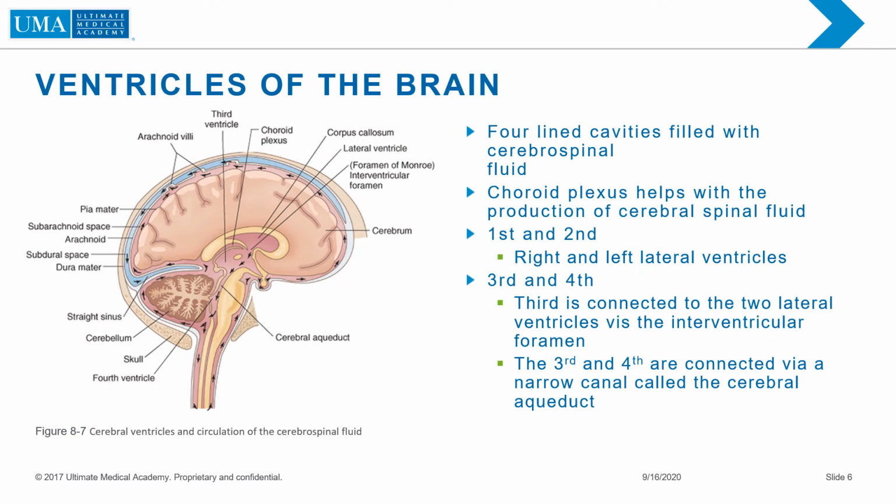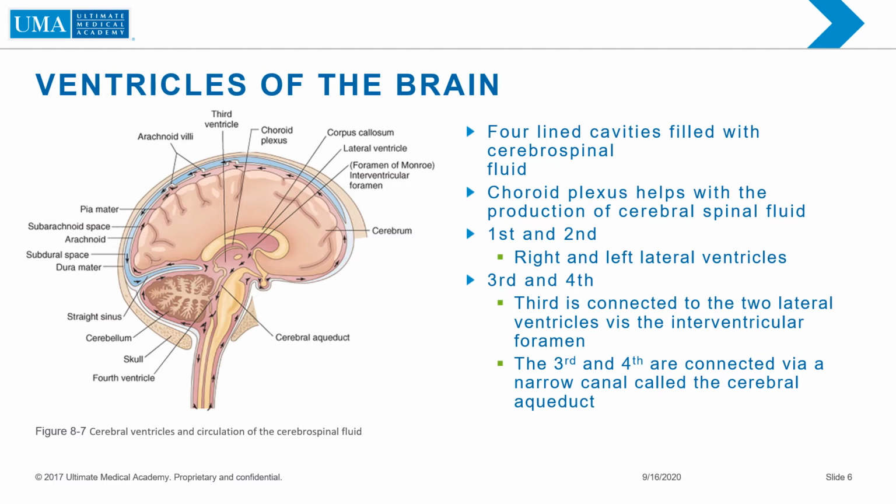Within the brain, there are ventricles. These are the 4 lined cavities that are filled with cerebrospinal fluid. Each of the 4 ventricles contains a rich network of blood vessels of the pia mater, referred to as the choroid plexus. The choroid plexus is in contact with the cells lining the ventricles, which helps in the formation of cerebrospinal fluid.